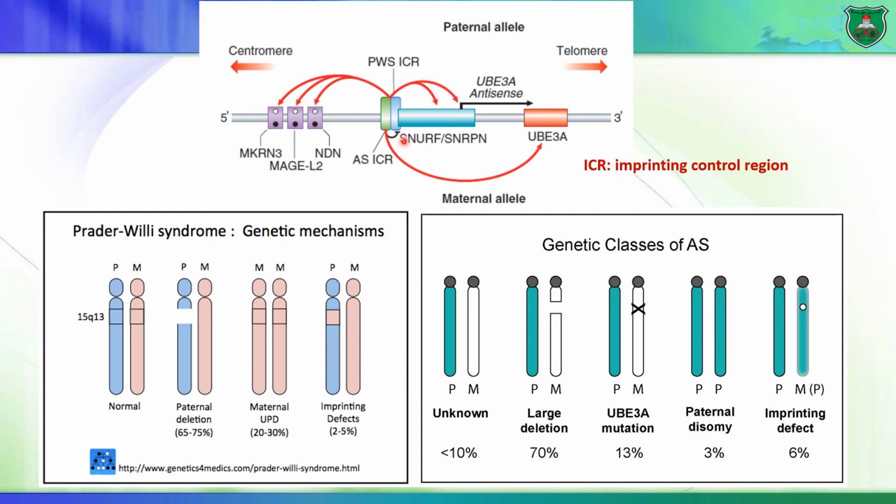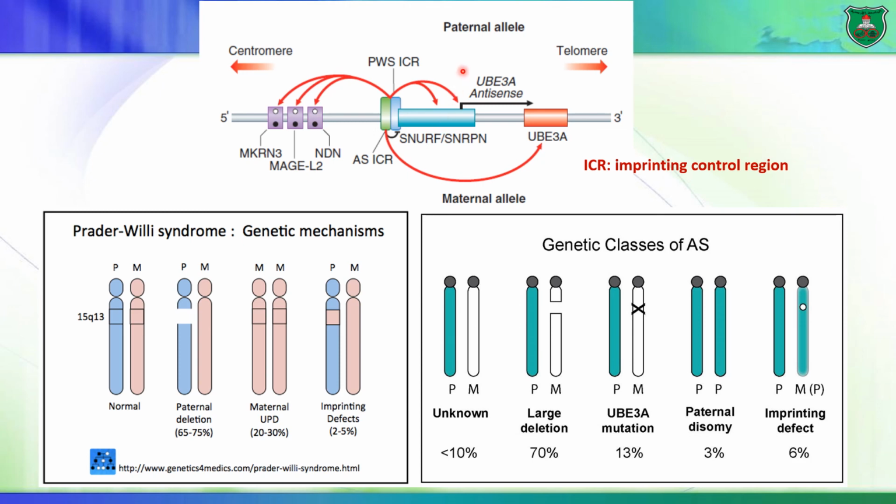The genes that are regulated include UBE, a ubiquitin labeling protein, and three other genes located on the other side. And there is a gene right here that encodes a non-coding RNA.